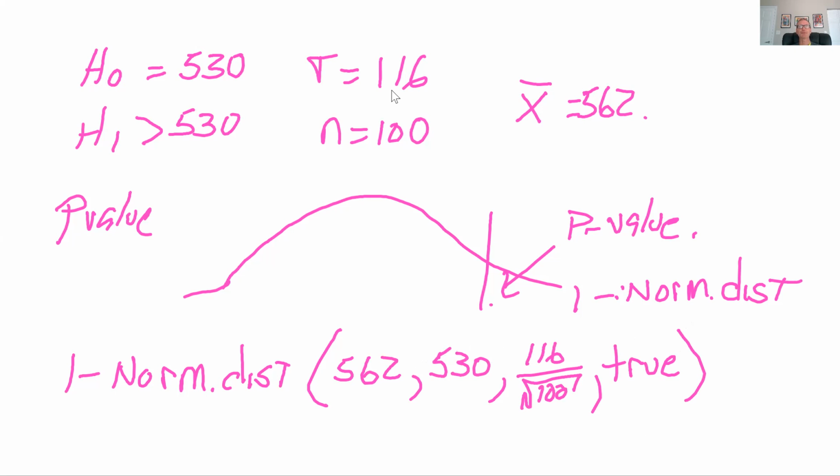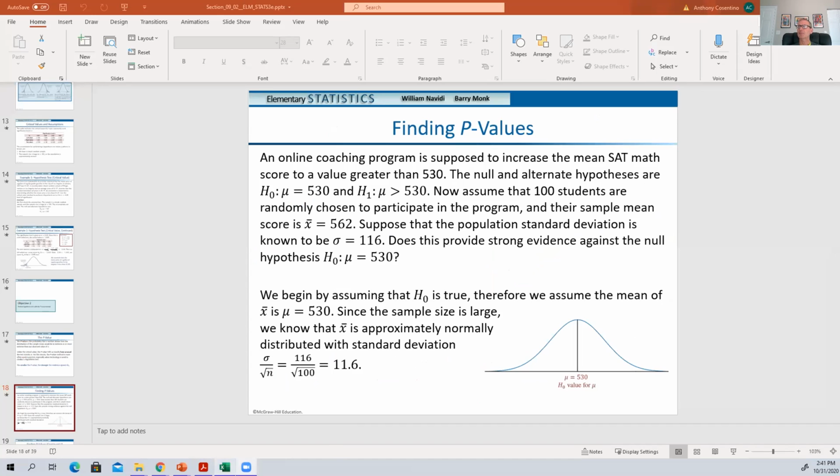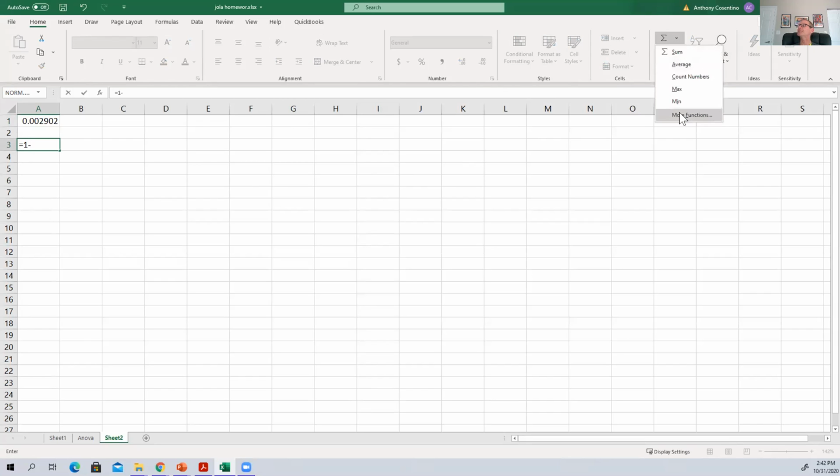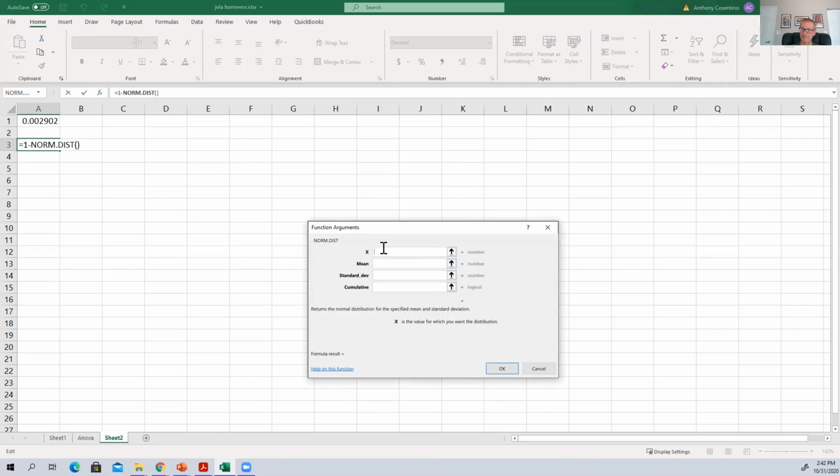So let me just do this on the spreadsheet for you. Okay, let me pull up the spreadsheet. There we go. You see, I already did it, but let me do it again. So the idea is that it was equals and then 1 minus, and then you bring up the norm dot dist, and that would be 562. That would be 530 for mean.